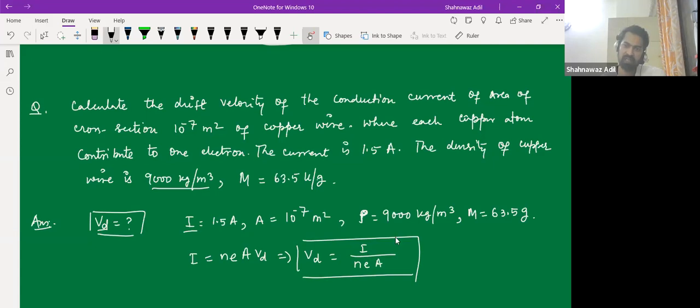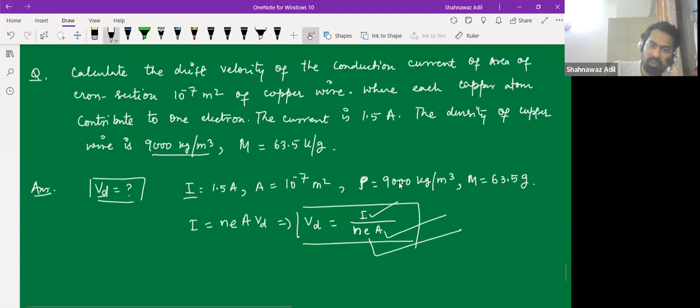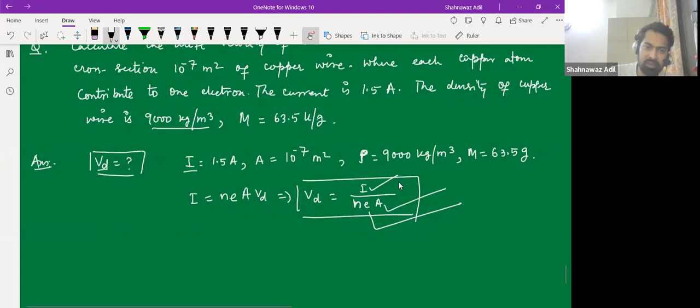We have this I, we have this A, we have this e. Do we have this number density? No, we don't have this number density.